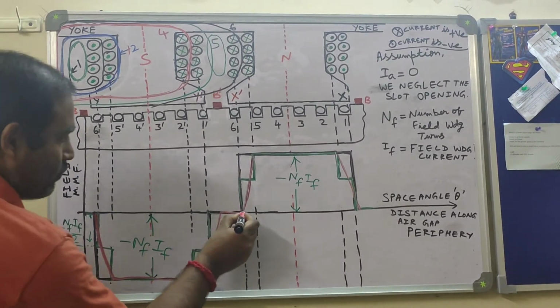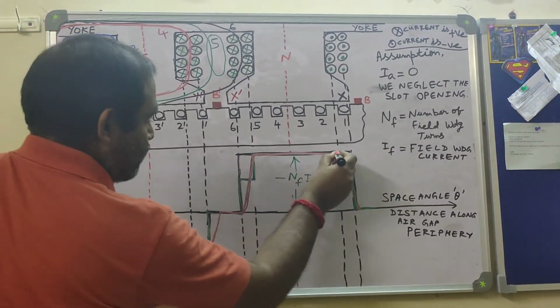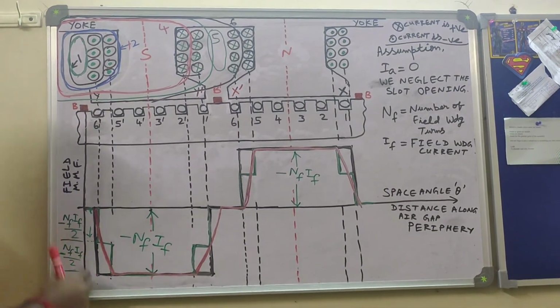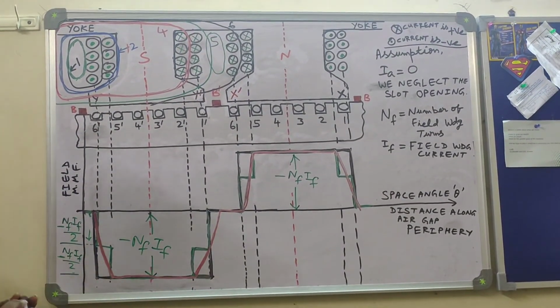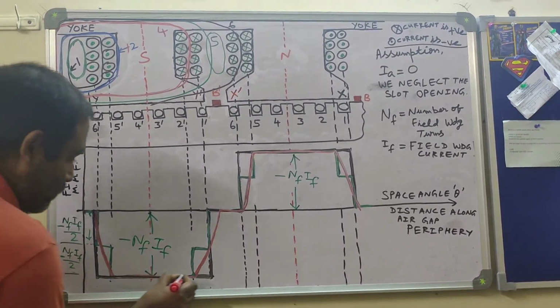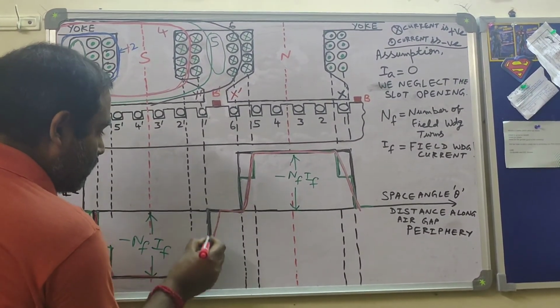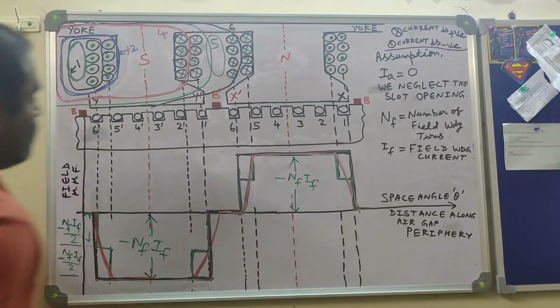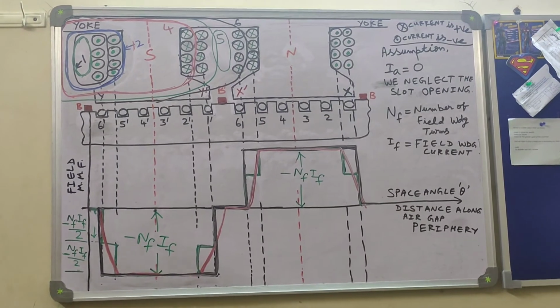You are trying to smoothen out the step rise by a trapezoid. More or less they are the same thing. So it rises in a step at the pole tip, falls at the pole tip, rises again and falls again. So this is the field MMF variation for a DC machine.